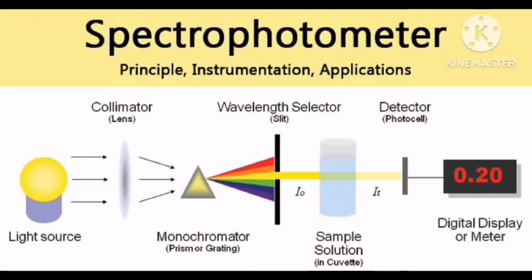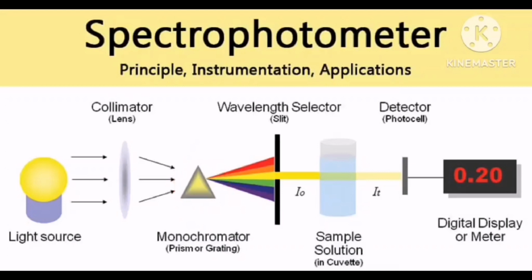Now, let's move to the different parts of a spectrophotometer. First, we have the light source, commonly a tungsten lamp, which provides a visible spectrum of light in a spectrophotometer. We also have the lens that collects the radiation from the source and directs it into the slit. We also have the monochromator, which helps in dispersing the incident ray of light.